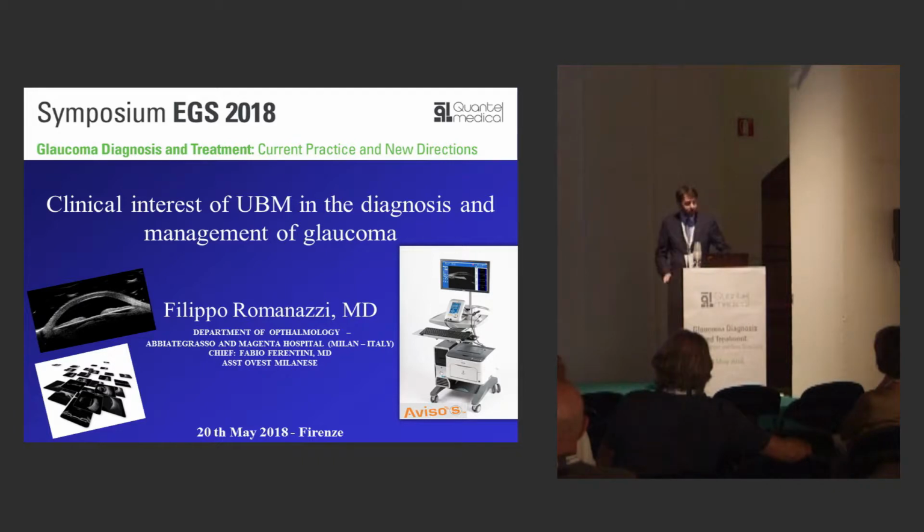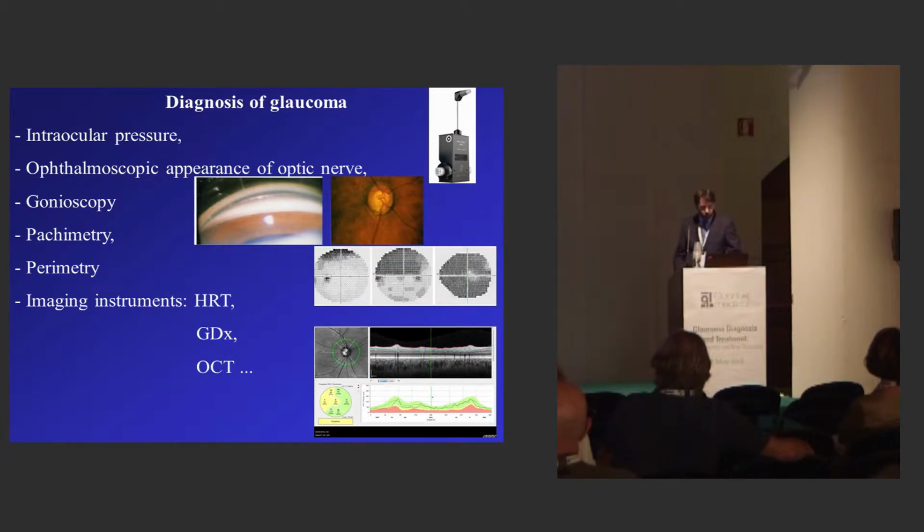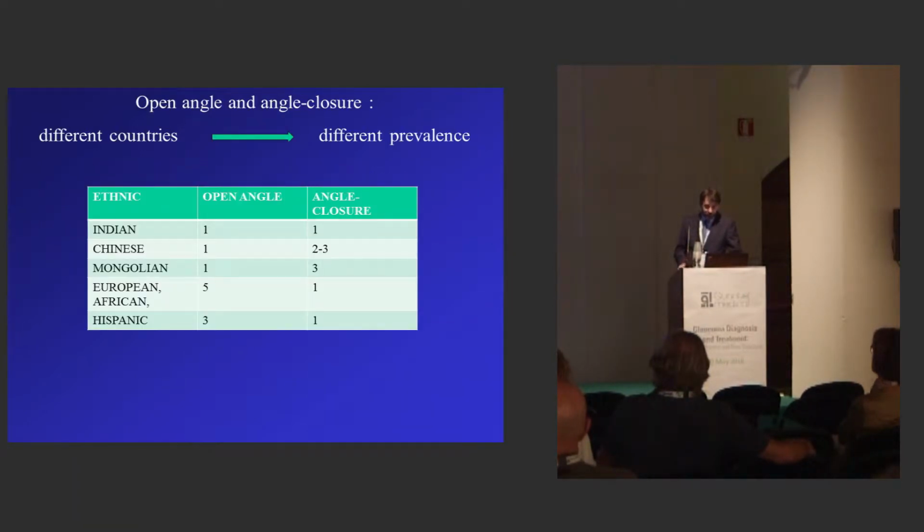The aim of this presentation is to show the clinical interest of UBM in the diagnosis and management of glaucoma. For diagnosis of glaucoma, we need a lot of information, and sometimes here in Europe we first think of primary open-angle glaucoma because here it is the most common kind of glaucoma.